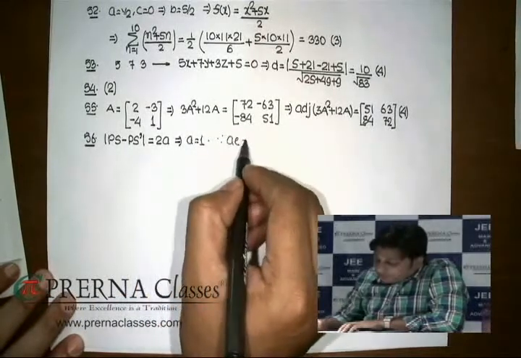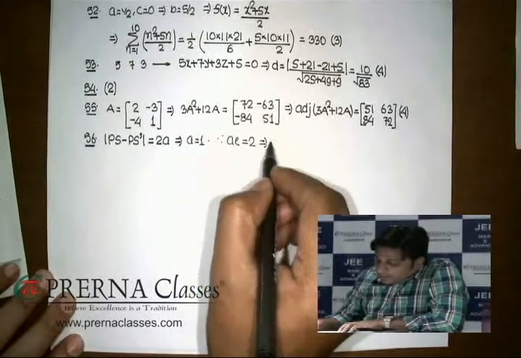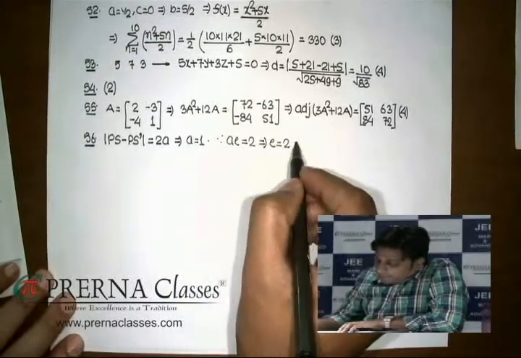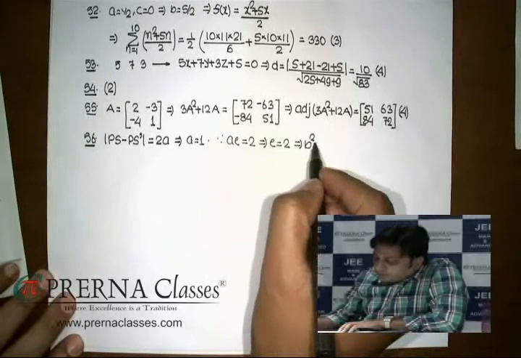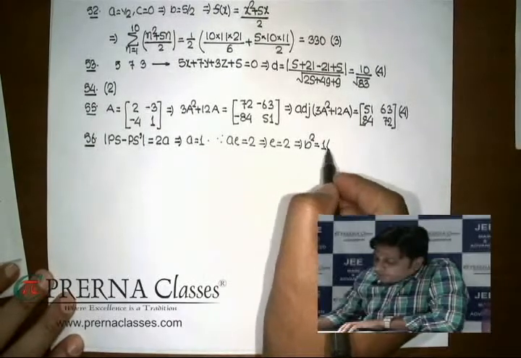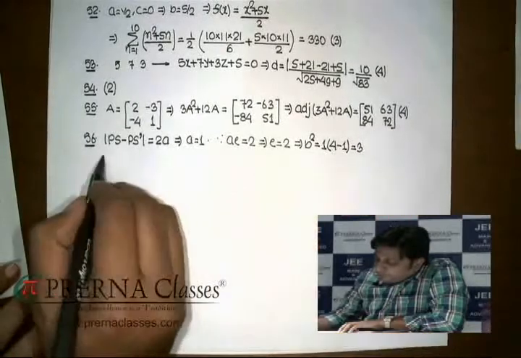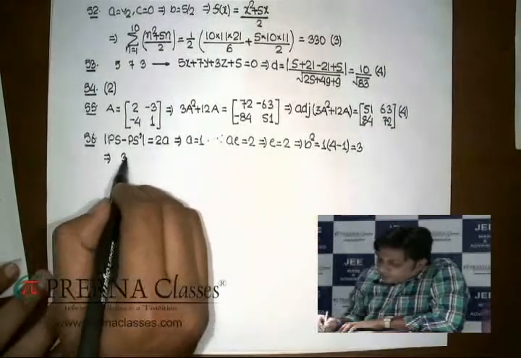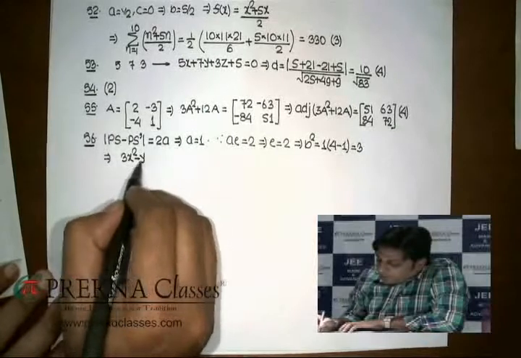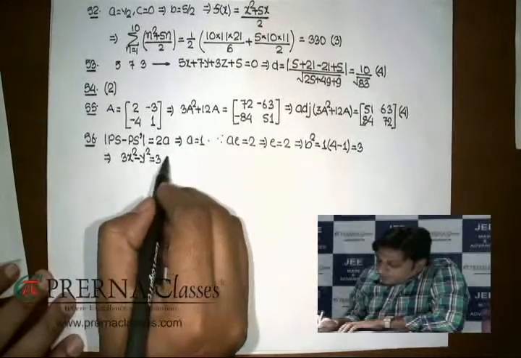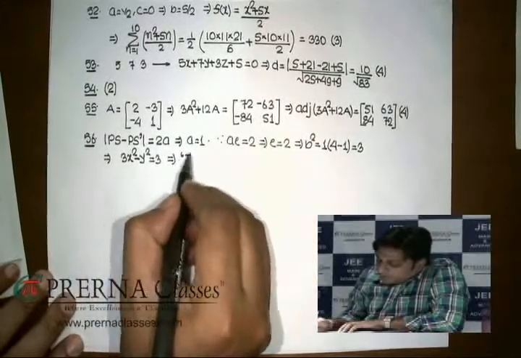Also note that since ae is 2, e is going to match with 2, therefore b square equals a square into e square minus 1, that is 3, in which case the equation of that hyperbola is 3x square minus y square equals 3.